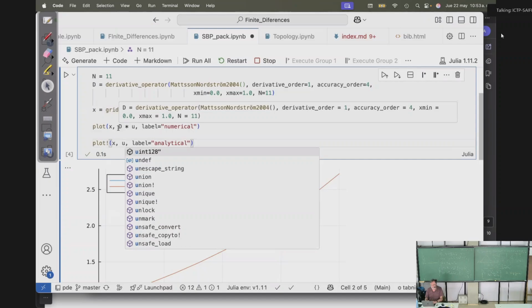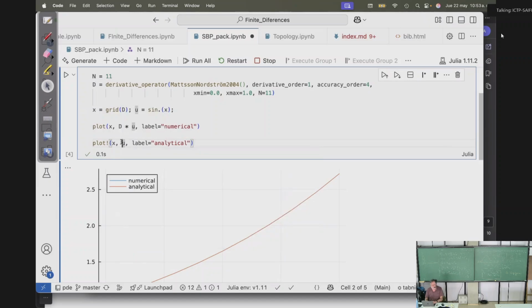Here we are going to plot the derivative of u, and here I'm going to plot cosine of x, right? Because the derivative of the sine is the cosine.